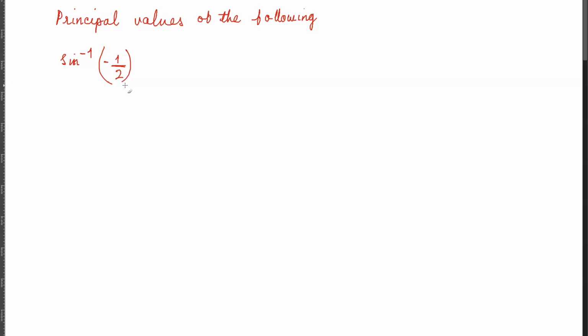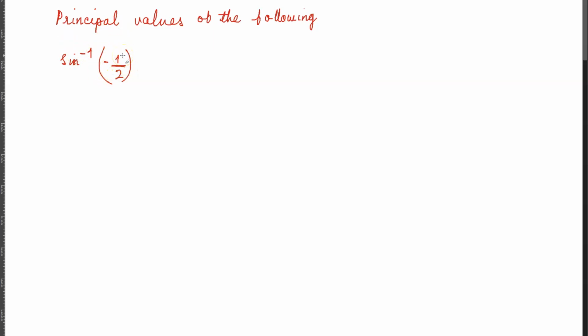So I'm going to explain these using probably the unit circle, and also give you some solution as well based on some other solutions. So let me get my solutions. Okay, so the way that I would solve this problem, I want to find the sine inverse of negative 1 by 2.